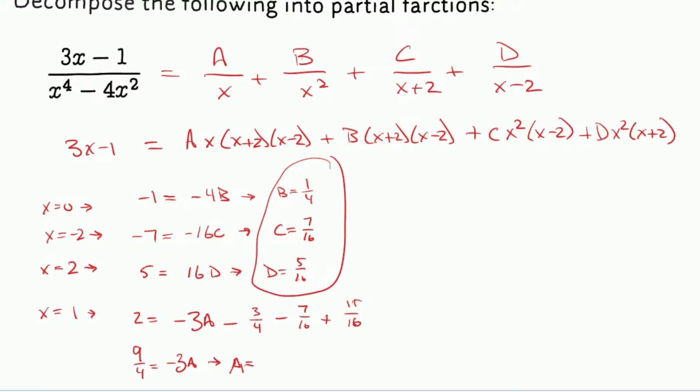So +1/4 plus 2 is 9/4. And now I divide by -3 and I get -3/4. Okay, that's better. Hopefully those are correct now.